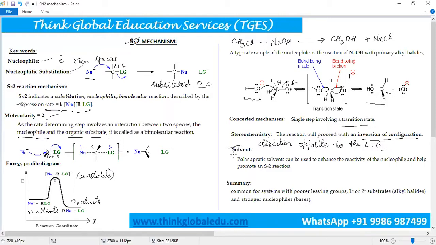Studying the solvent effect on this SN2 mechanism, basically the polar aprotic solvents will enhance the rate of a reaction for the SN2 reaction mechanism, because these solvents will not solvate the nucleophile.